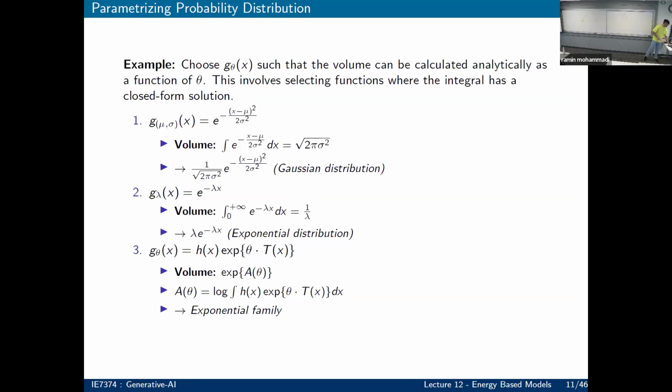This is for continuous, but in discrete distributions we also do normalization. For example, for the Bernoulli, you have theta to the x_i times 1 minus theta to the 1 minus x_i, correct?